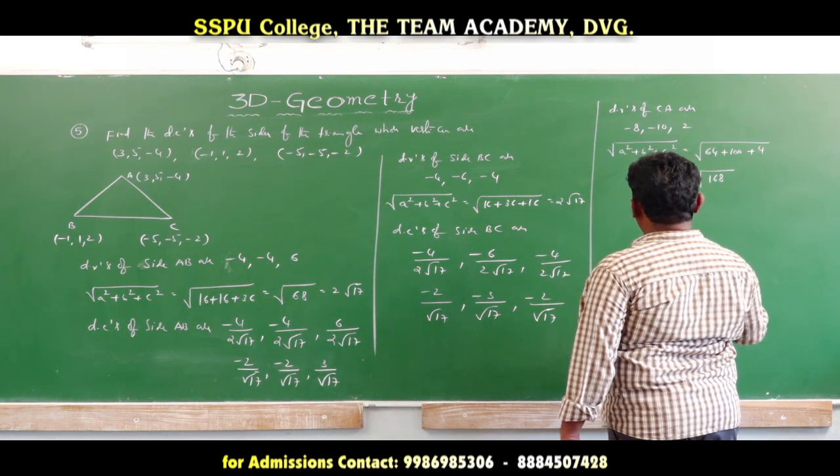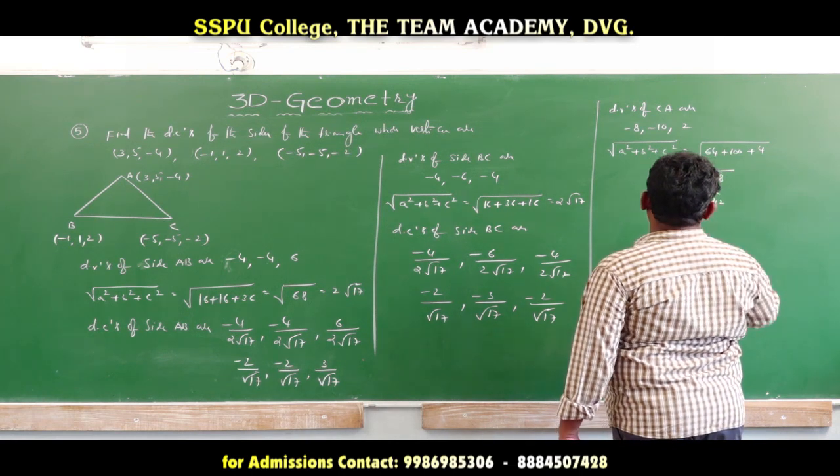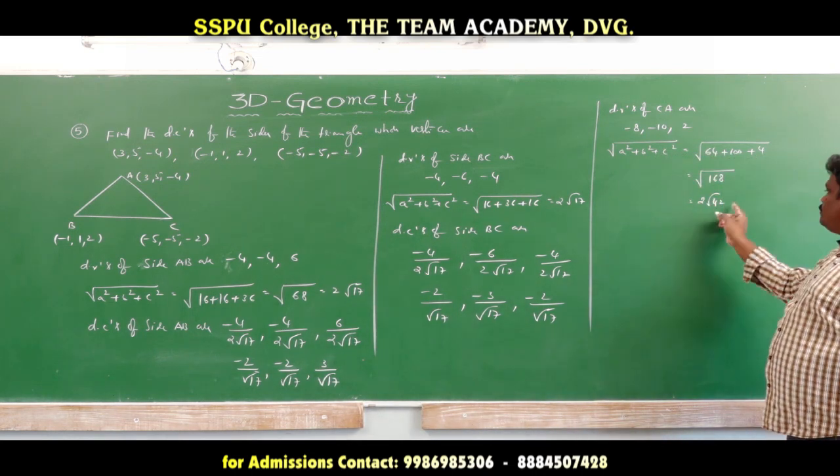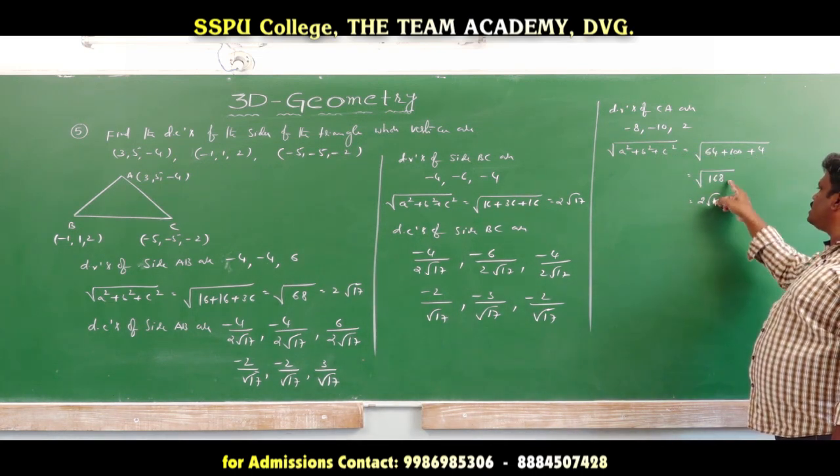So 168 is 2 into root 42. If you take 2 out, 4 2s are 8, 4 4s are 16.